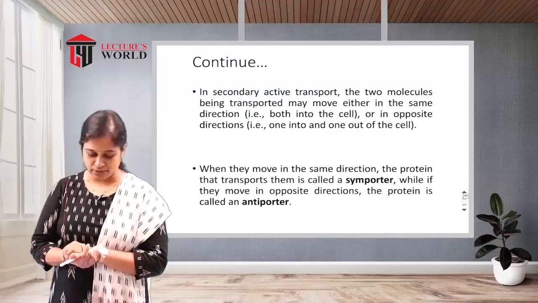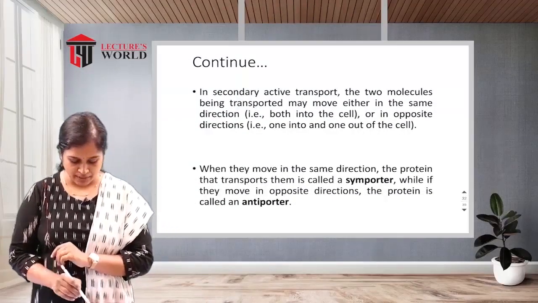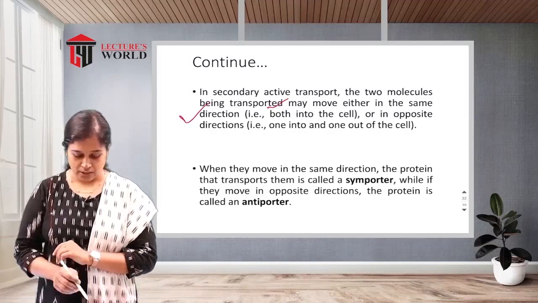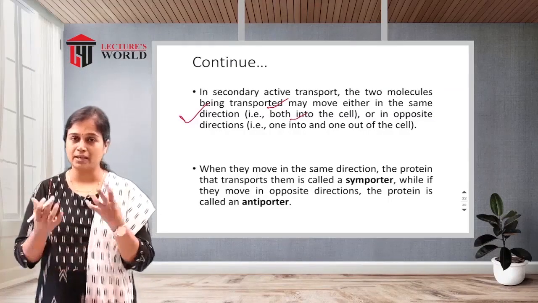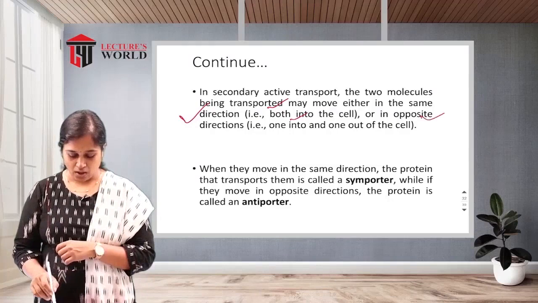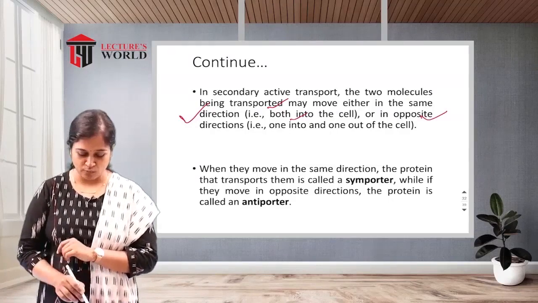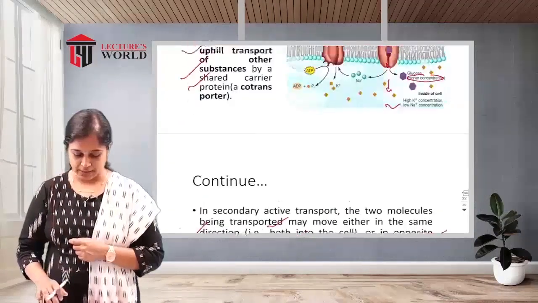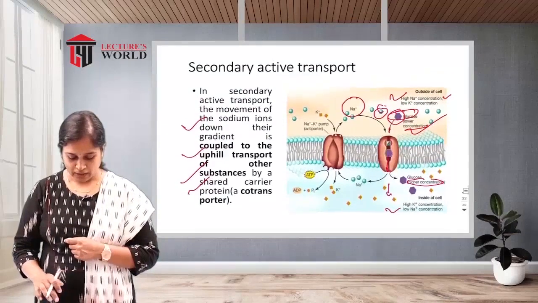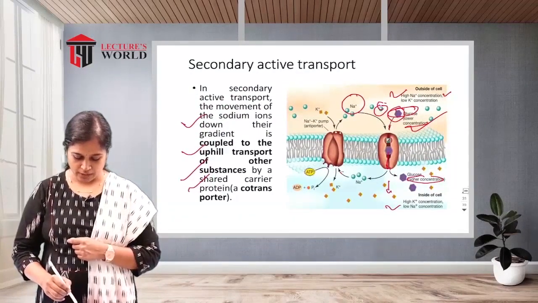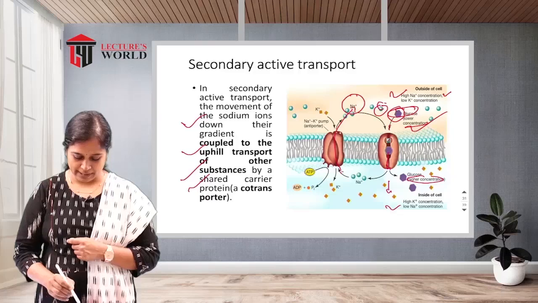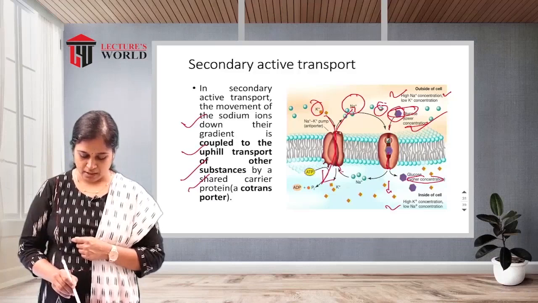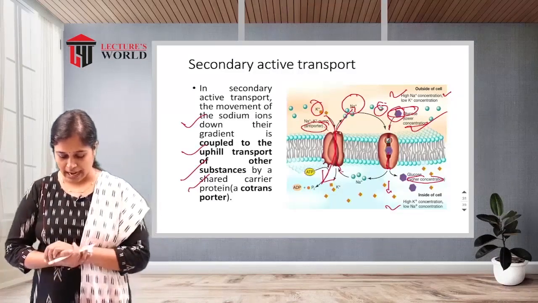In secondary active transport, the two molecules being transported may move either in the same direction, that means both will come inside the cell, or in the opposite direction, that means one will come inside the cell and one will go out of the cell. So you can see over here, this sodium molecule will go outside of the cell and this potassium molecule will come inside of the cell, and this is called an antiporter.